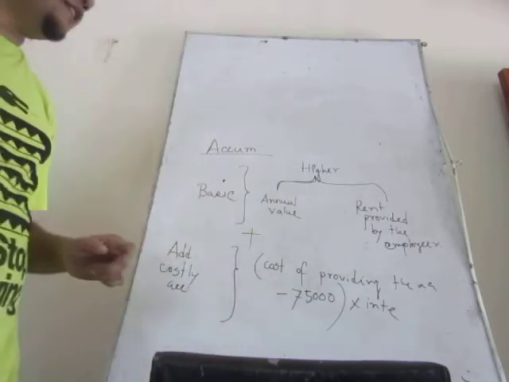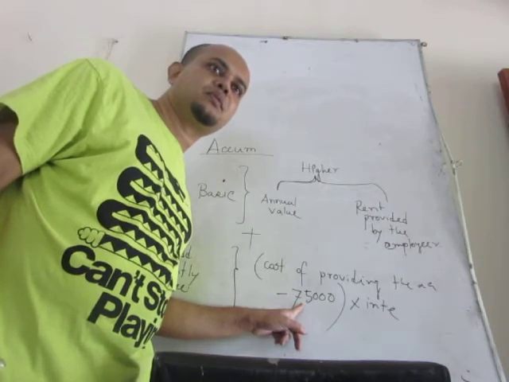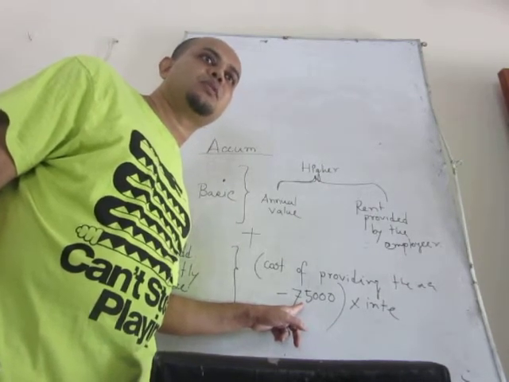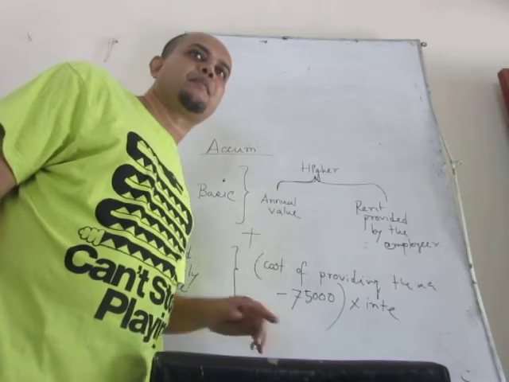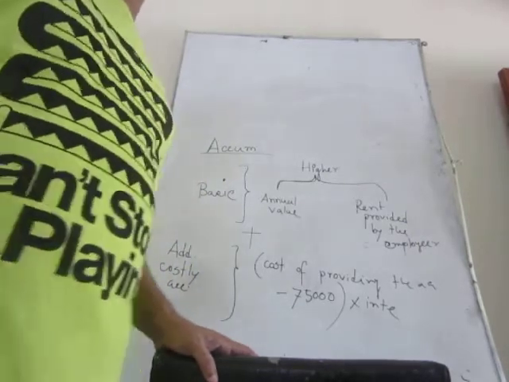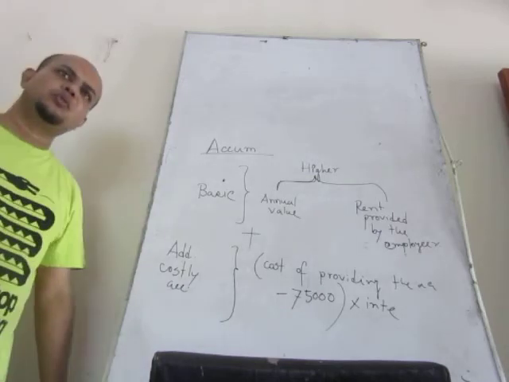Just see in the FA17 whether this range is 75,000 or not. Living accommodation, yes sir? Most probably 75,000. Okay, you can go through it later on.